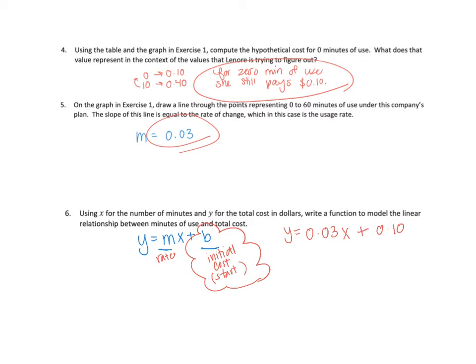So again, this is our equation, and here's what it means. It means that the total cost is going to be 0.03 or 3 cents per minute plus 10 cents to log in. All right, so this is our final equation that we found from this linear function. And we're just going to continue now with example number 2 and do some more exercises just to practice interpreting these things.